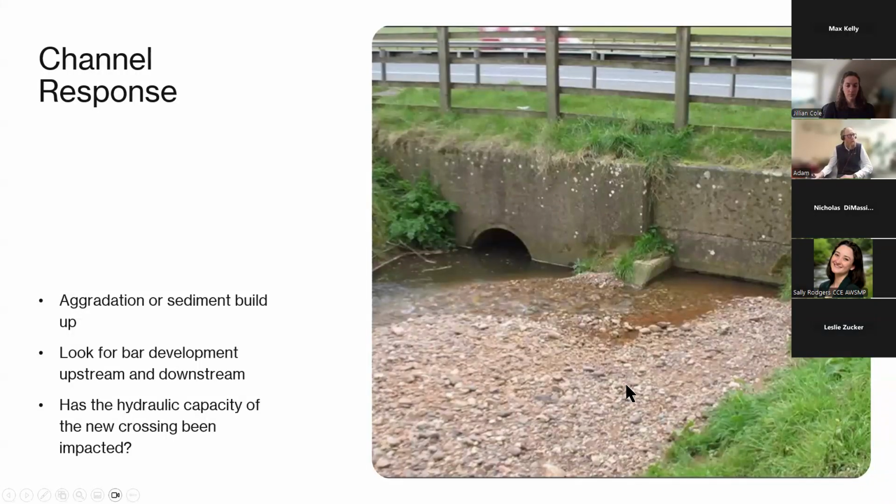So really evaluate whether the hydraulic capacity of the new crossing has been impacted by sediment deposition, and maybe repeat monitoring over a course of higher flows to see if that sediment is flushing through and starting to reform that armor layer, or if you potentially have an issue that might trigger management intervention.